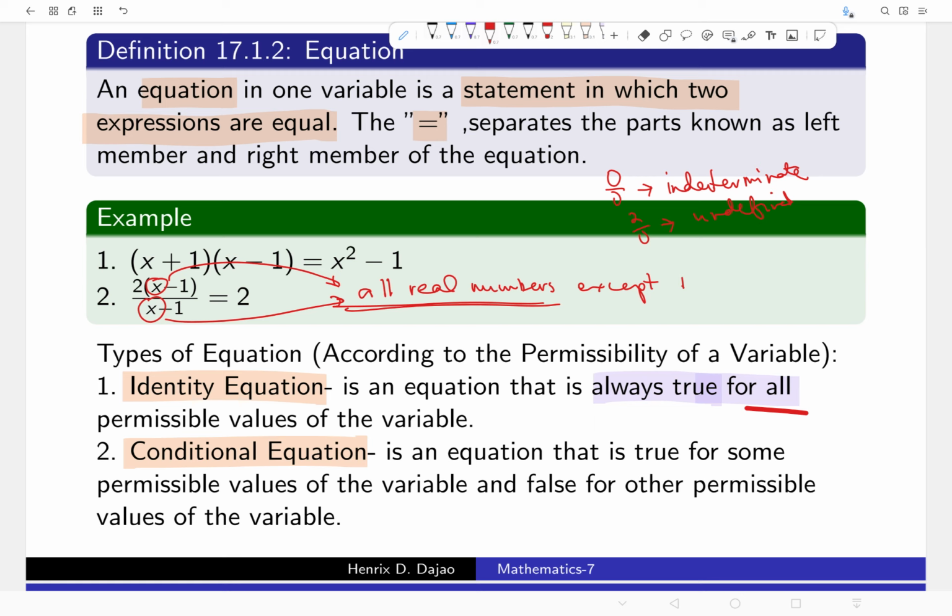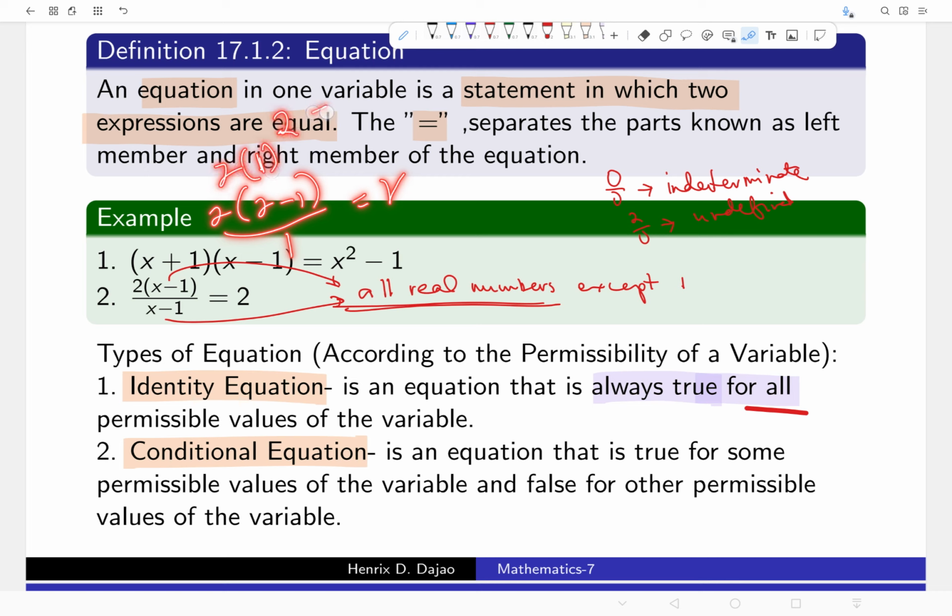Yes, because intuitively, you can see that our expressions on the left and right will be equal when we substitute all real numbers except 1. So let's say 2. This becomes 2 times 2 minus 1 over 1 equal to 2, so this becomes 1 times 2, 2 over 1 is 2.